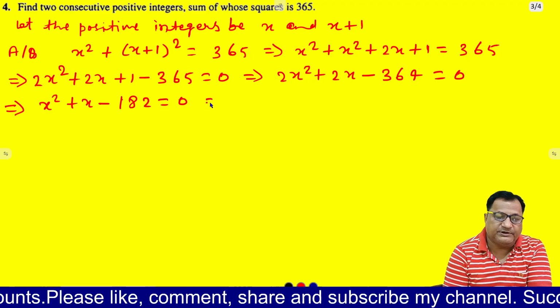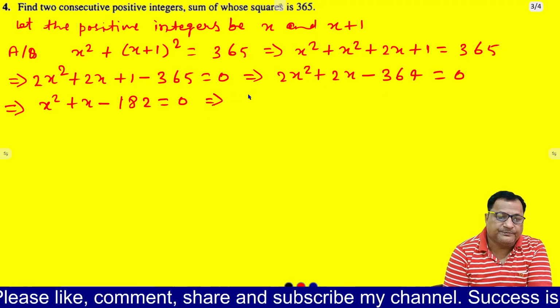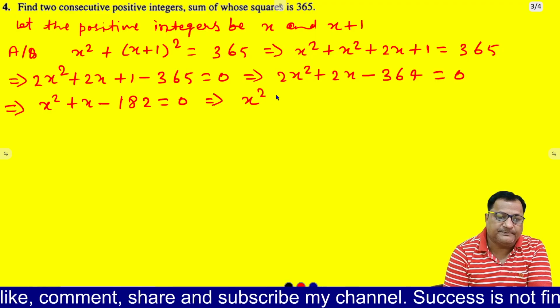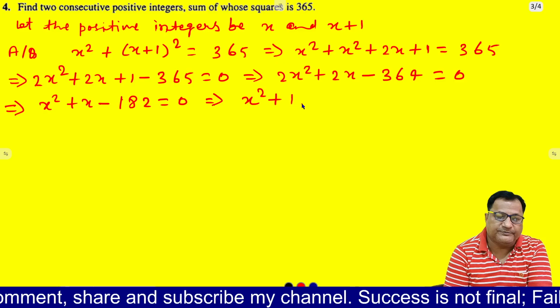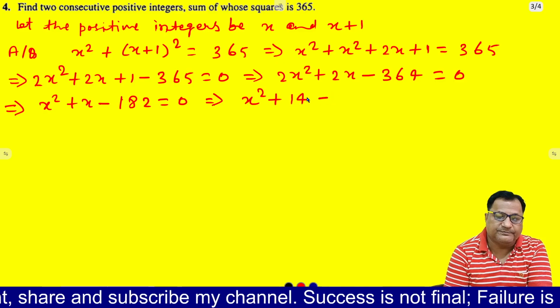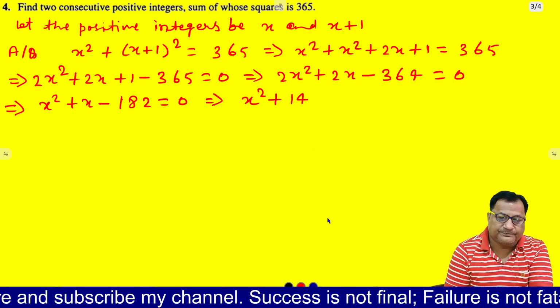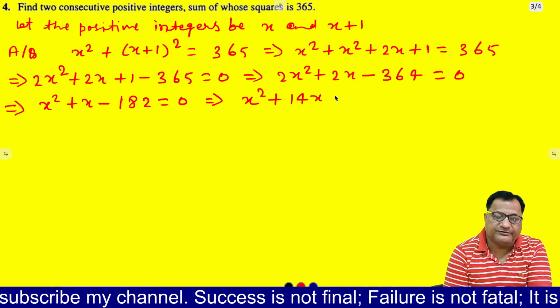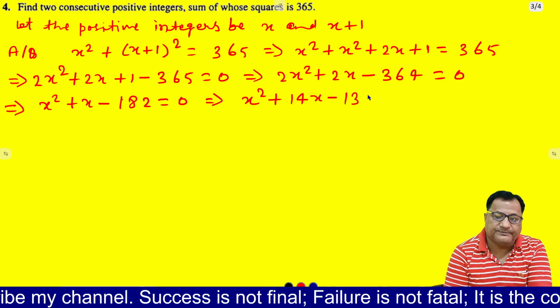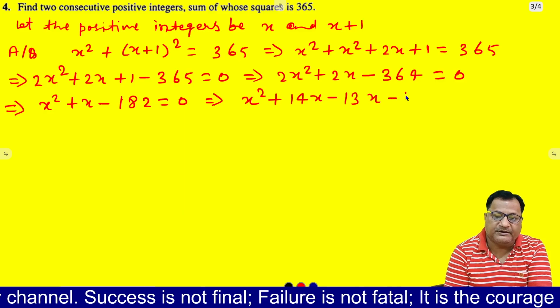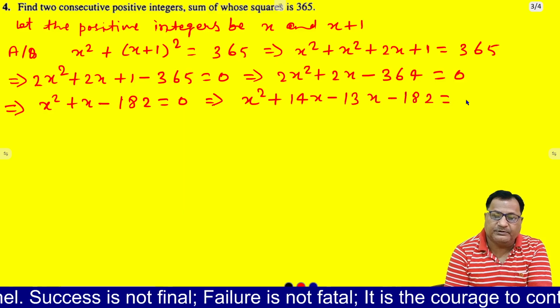If we split the middle term, then x square plus 14x minus 13x minus 182 is equal to 0.